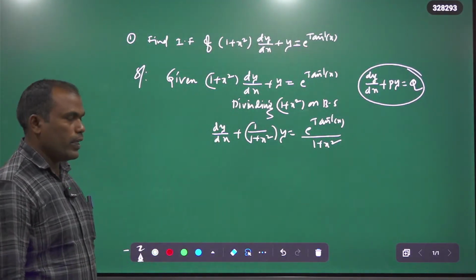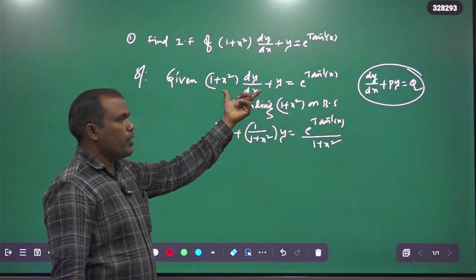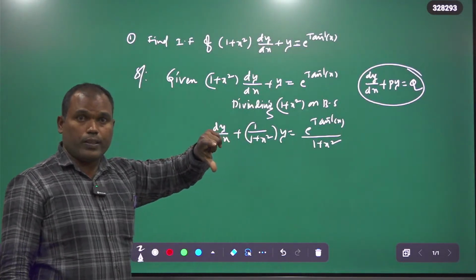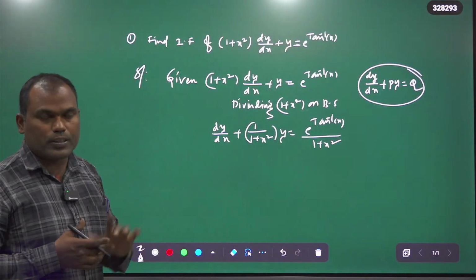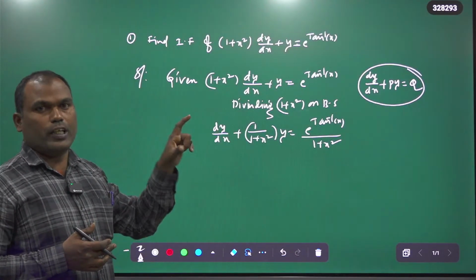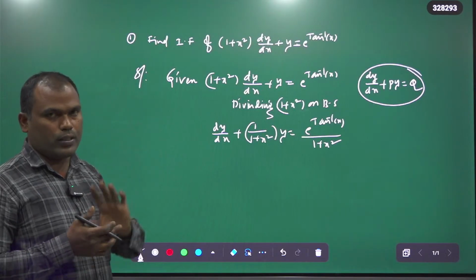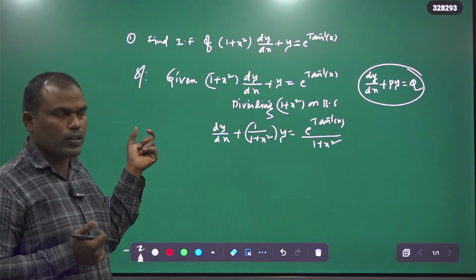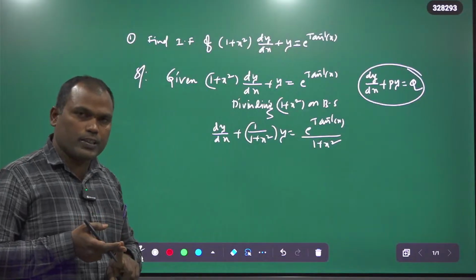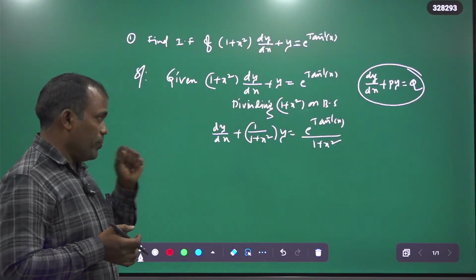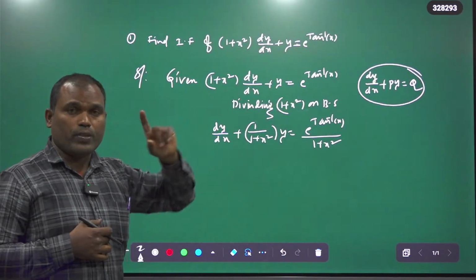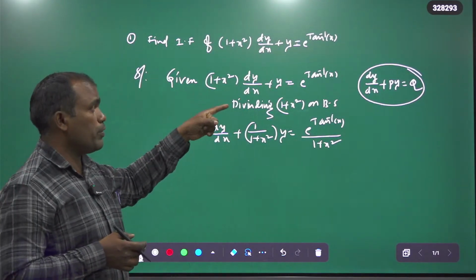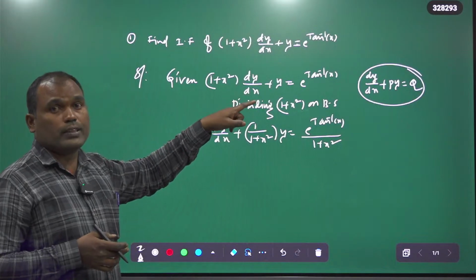Whenever a differential equation is given and we must find the integrating factor, immediately you should observe that it is a linear differential equation problem. In this we have linear in x and linear in y. Linear in y has the form dy by dx plus py equal to q, and the other is dx by dy plus px equal to q.